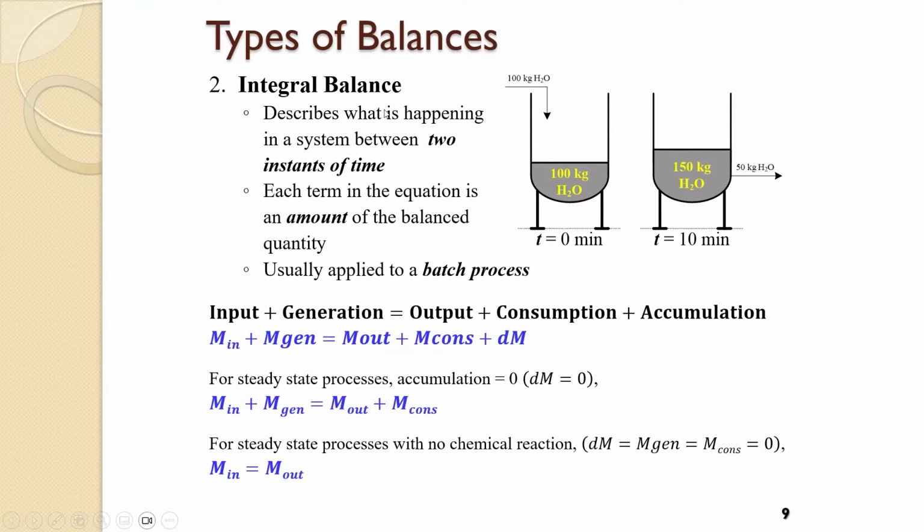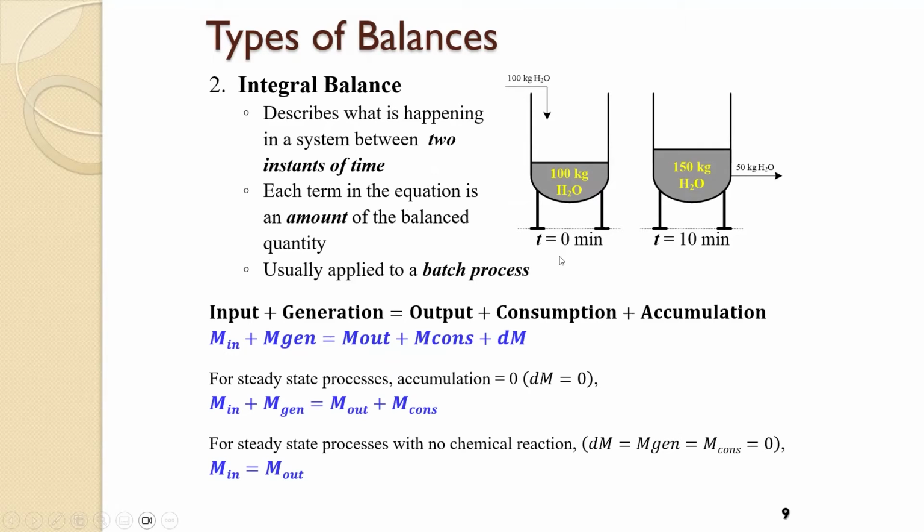Integral balance naman describes what is happening in a system between two instants of time. Each term in the equation is an amount of the balanced quantity. This usually applies in batch processes.